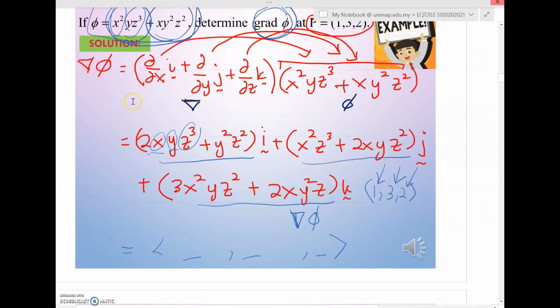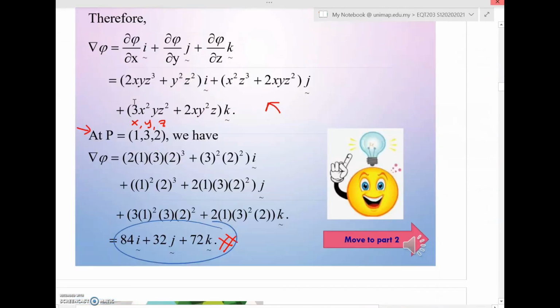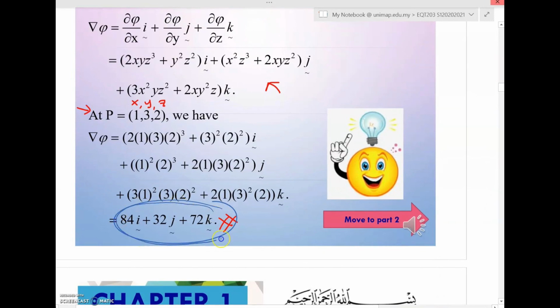As you can see here, the solution is in the form of a vector. Initially you have a scalar. Del operator operates on a scalar, you will have a gradient, where the result will be in the form of a vector. Understand the first one?